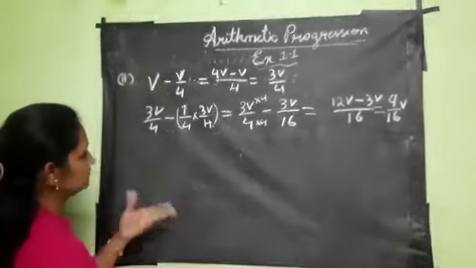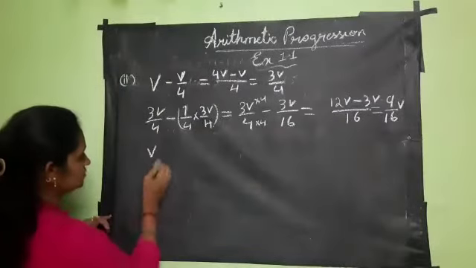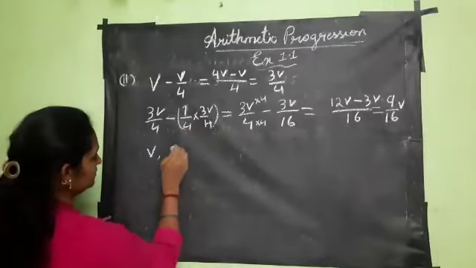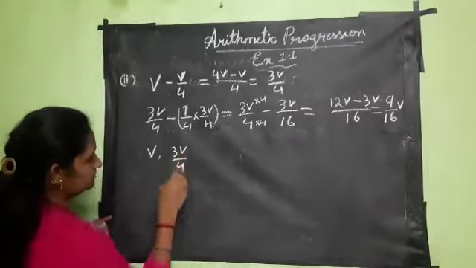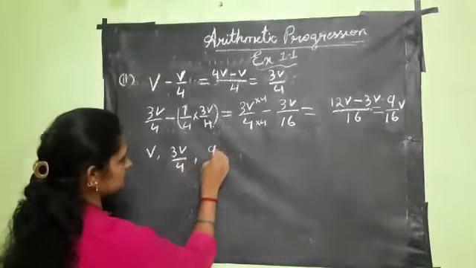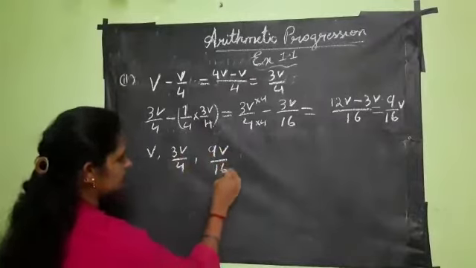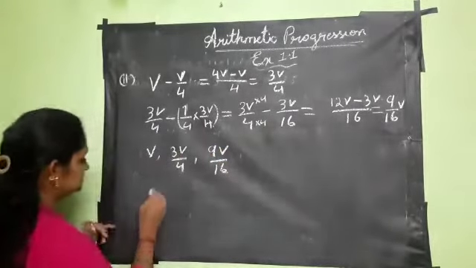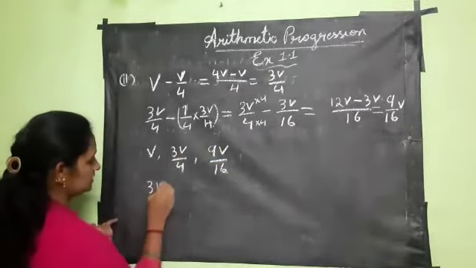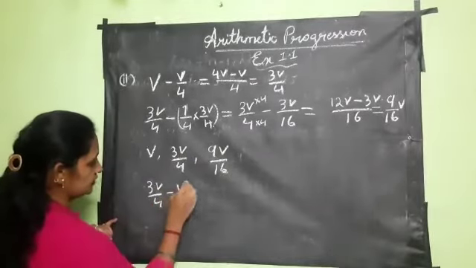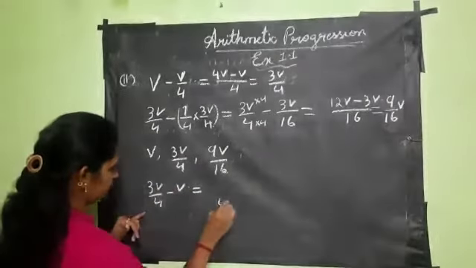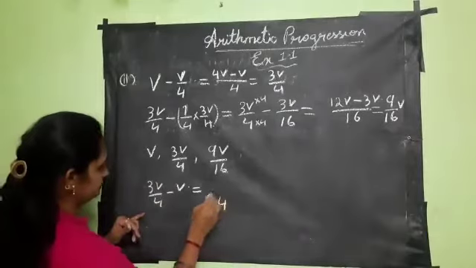So let us see what is the series here. First term is v. Second one will be 3v by 4. And the third is 9v by 16. So let us check the difference. So 3v by 4 minus v gives us 4 is the LCM here.